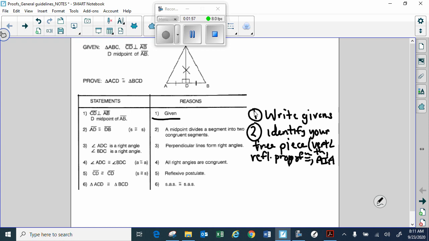Okay. Step three would be identify any definitions from the givens.